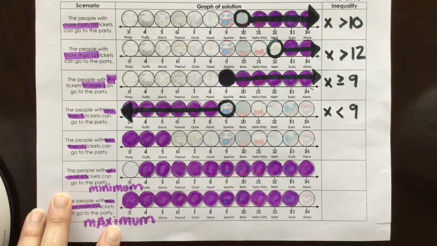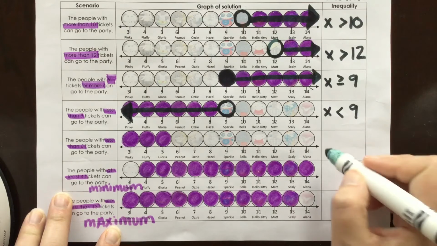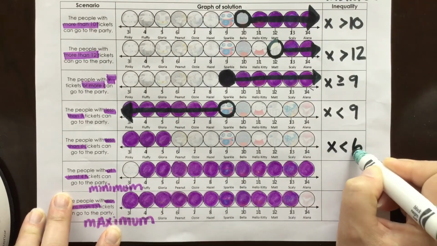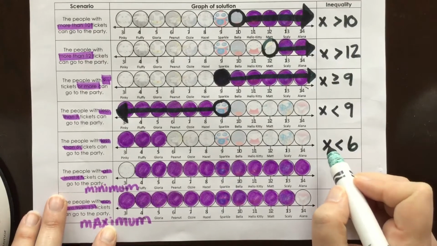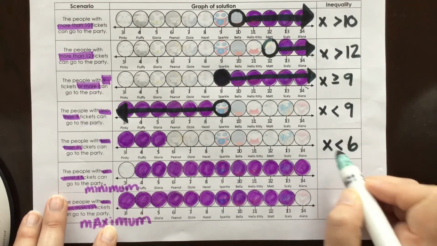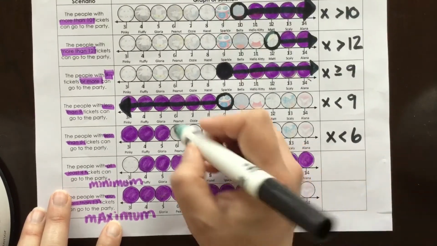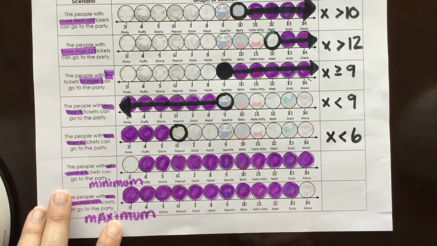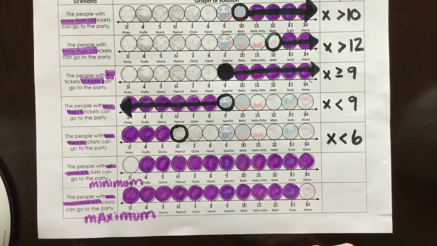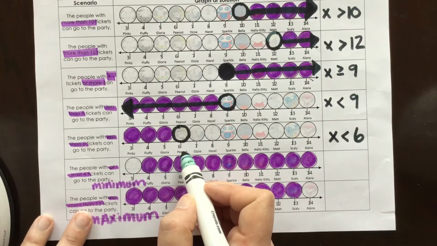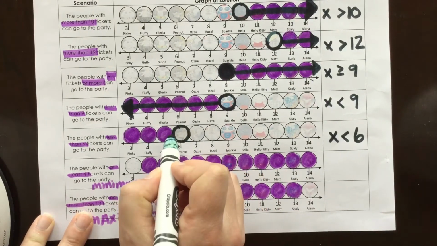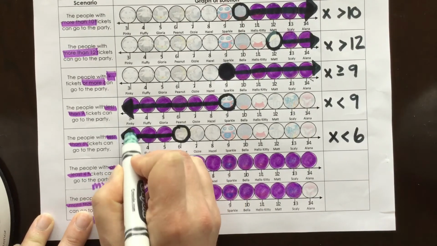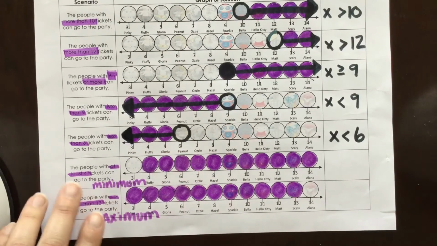The people with less than 6 tickets can go to the party. The algebra for that would be x's that are less than 6, or tickets that are less than 6. It would have an open circle at 6, which it currently does. Peanut was saying, no, it can't be equal to me, just less. And the animals to the left were holding yeses.